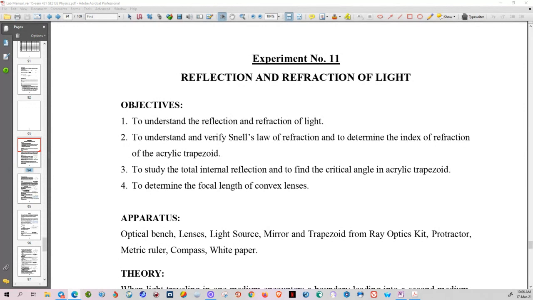Our topic for this week in practical is the reflection and refraction of light. So basically, we will study the behavior of light depending on the environment where it is.